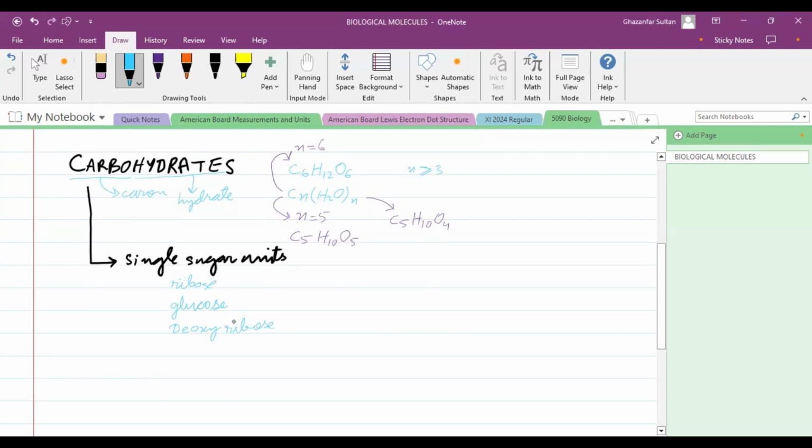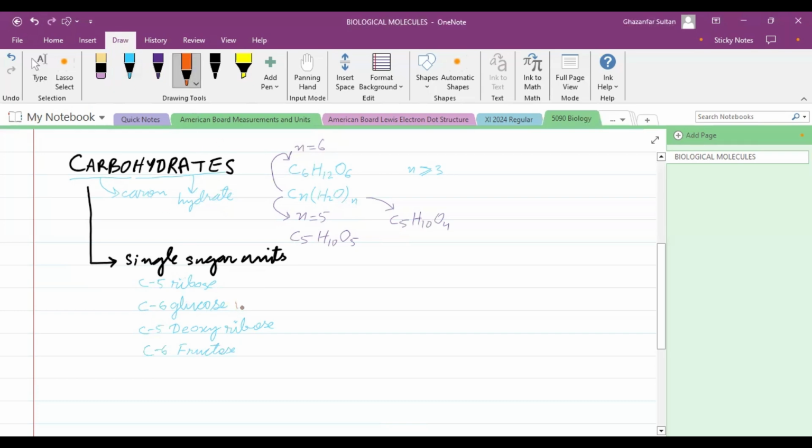It is called a C5 sugar because it has five carbon atoms. Glucose is C6, it has six carbon atoms, and ribose is also C5. Another very important carbohydrate is fructose, which is also C6.